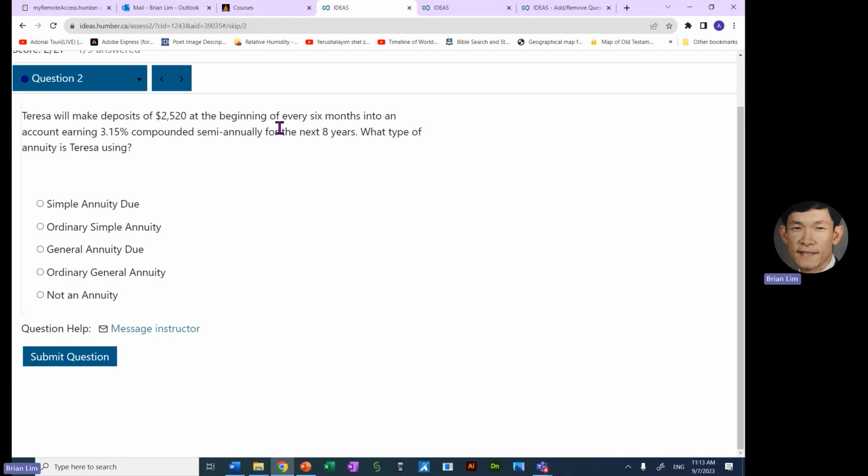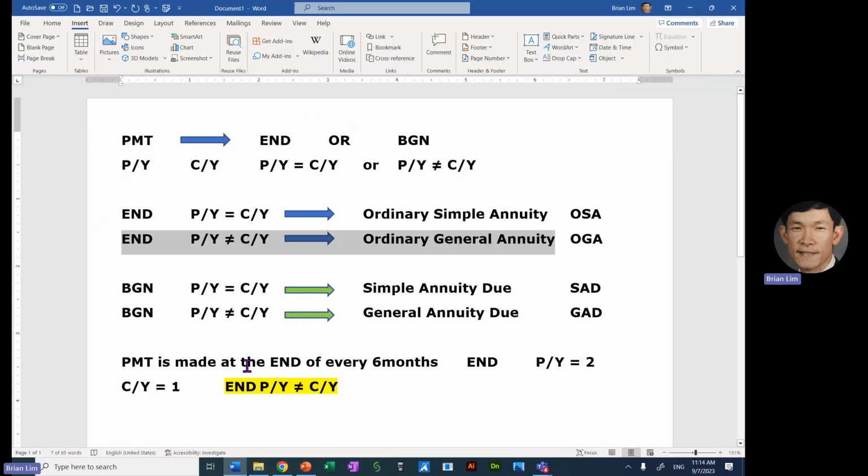All right, so here we are. Deposits are, it doesn't matter what you see there, it's right here, at the beginning of every 6 months, which means twice per year. The compounding is semi-annually. So CY would be 2, and PY is also 2, but it's at the beginning. So payment is made at the beginning and twice per year.